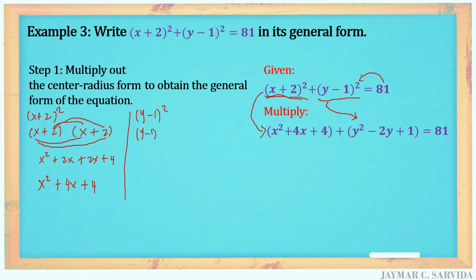So y minus 1 times y minus 1. That is y squared, y times negative 1 is negative 1y, negative 1 times y is negative 1y, then negative 1 times negative 1 is positive 1.